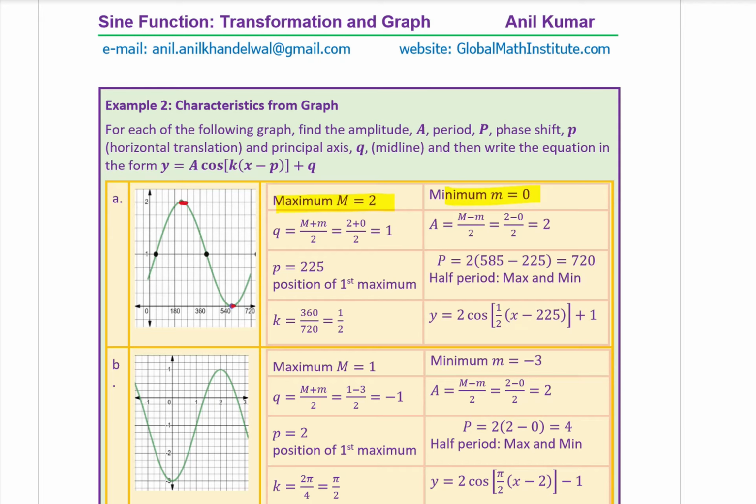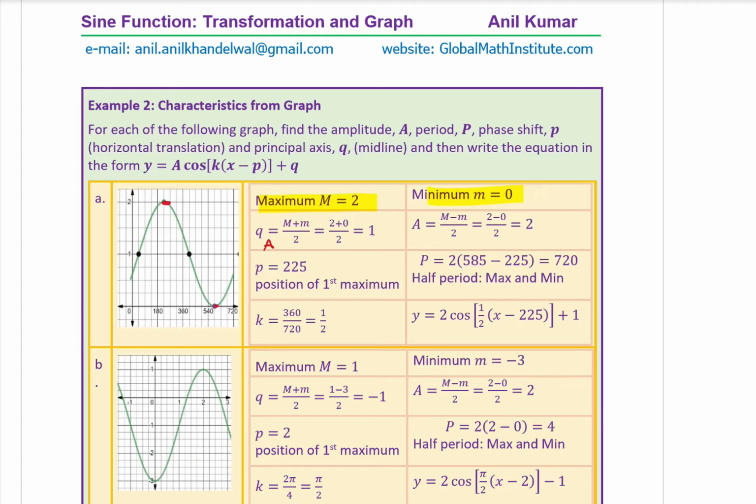From the maximum and minimum value, you can find the axis and the amplitude, right? So first things first, we'll find the axis. The axis is q, which is the average value, right? So this is the average value which we're trying to figure out. It is maximum plus minimum divided by 2.